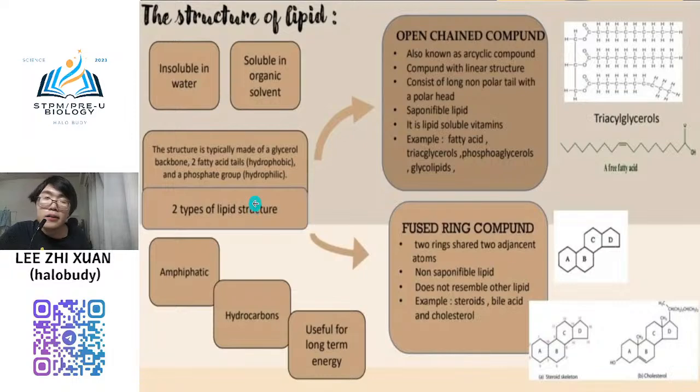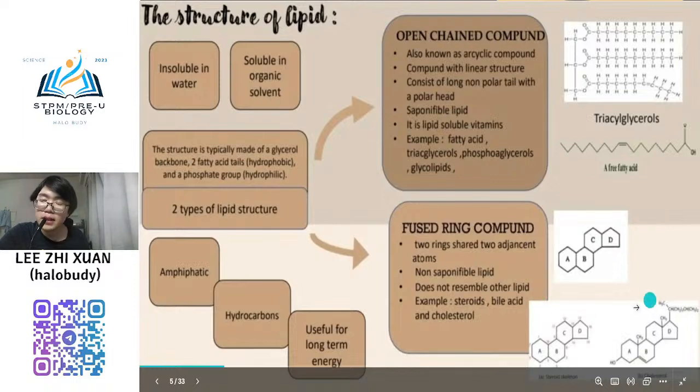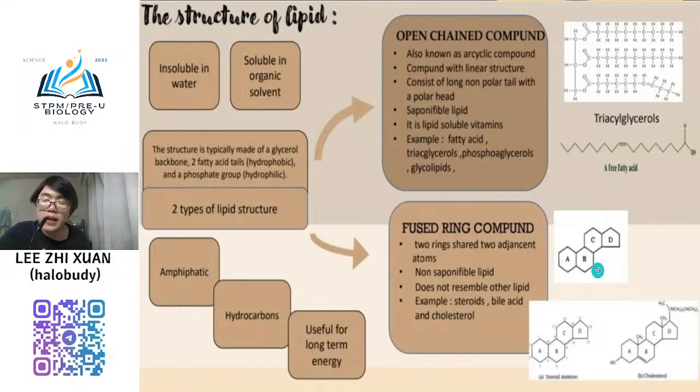Okay, and now we consider the structure of lipid. In lipid there are two general structures, two main structures. Either it is an open chain structure that you see in triglyceride, like fatty acid, a hydrocarbon chain one. But there are also fused ring structures like this. This one is also considered lipid, but it is in fused ring structure.